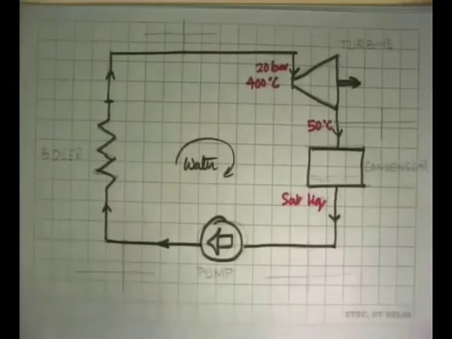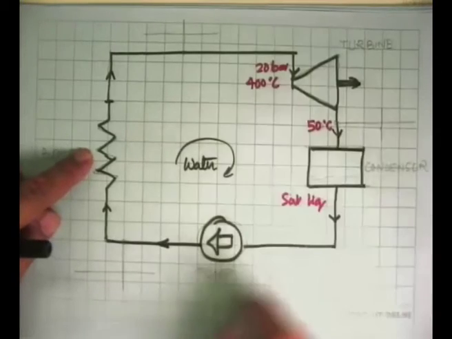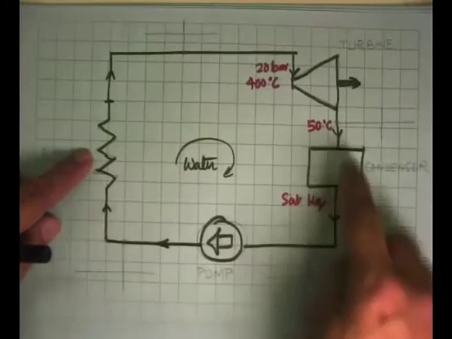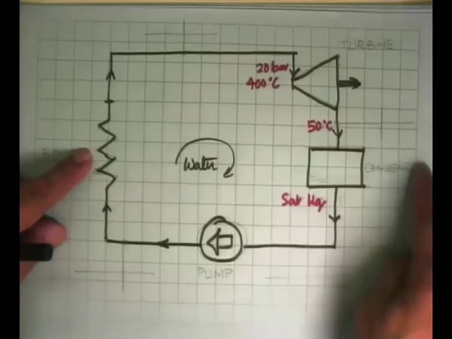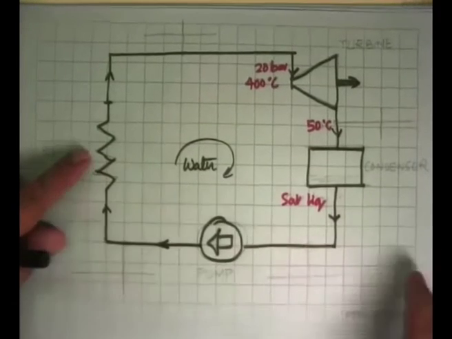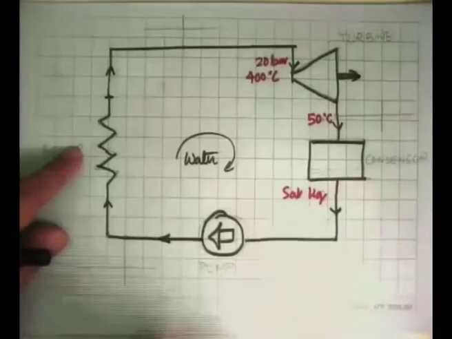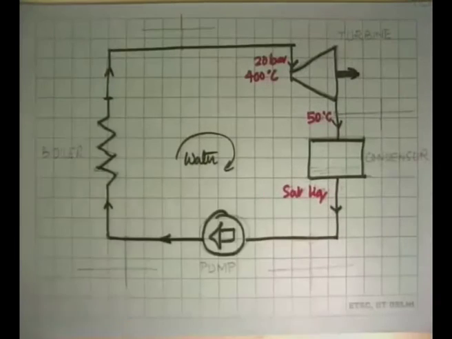We want to know the work output of the turbine, the heat input into the boiler, the cycle efficiency, the heat dissipation rate in the condenser, and the power required for the pump. All these are required for selecting the equipment when we want to put the cycle together. So all these calculations have to be done.